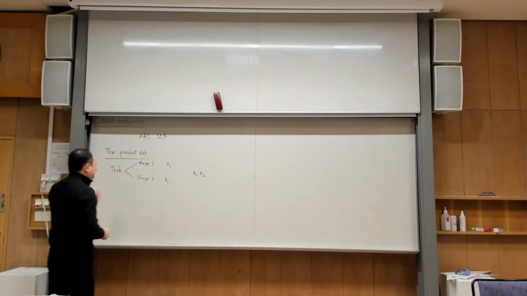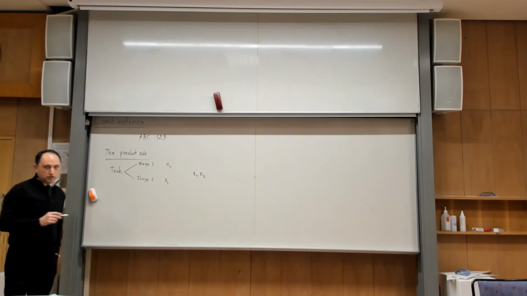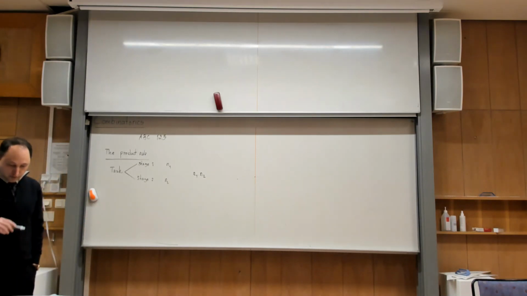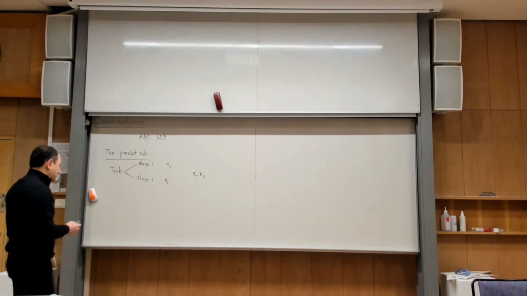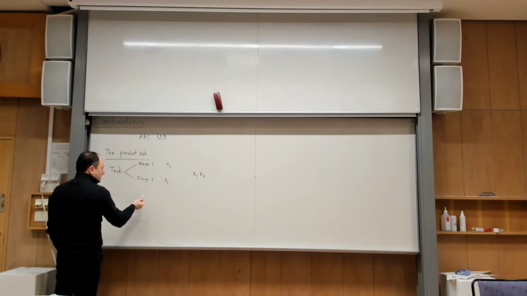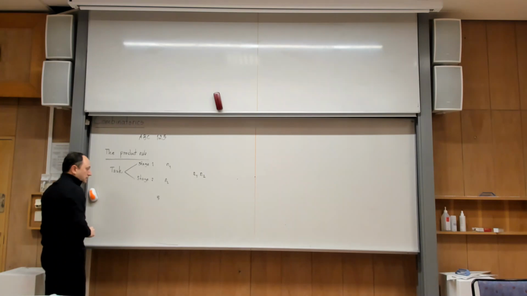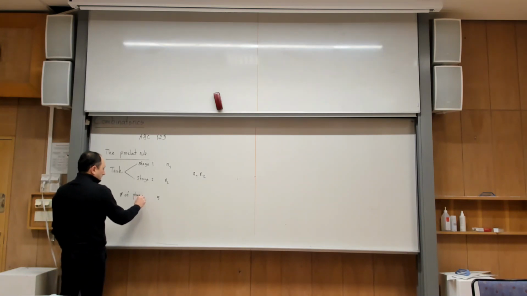For example, assume that you have a project, you want to find 2 persons to do this project. For this project, you need a physicist and you need a mathematician, yes? So, for example, assume that the number of physicists who volunteered to do the job is 5.